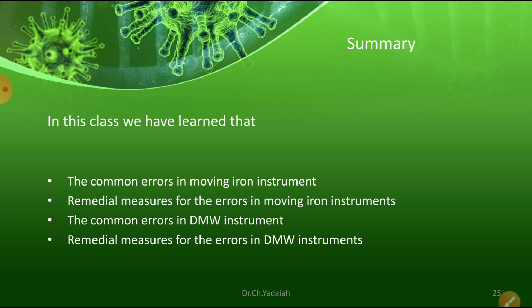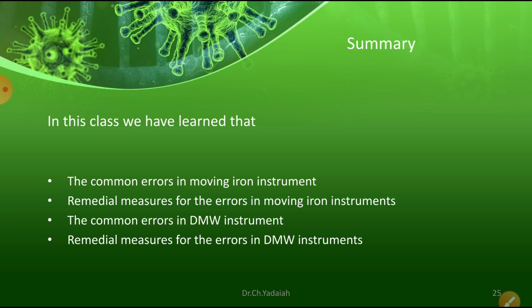We know that the deflecting torque produced in meters is very small, maybe 0.00005. Frequency errors due to change in input frequency can be avoided by connecting a capacitor in parallel to the coil.